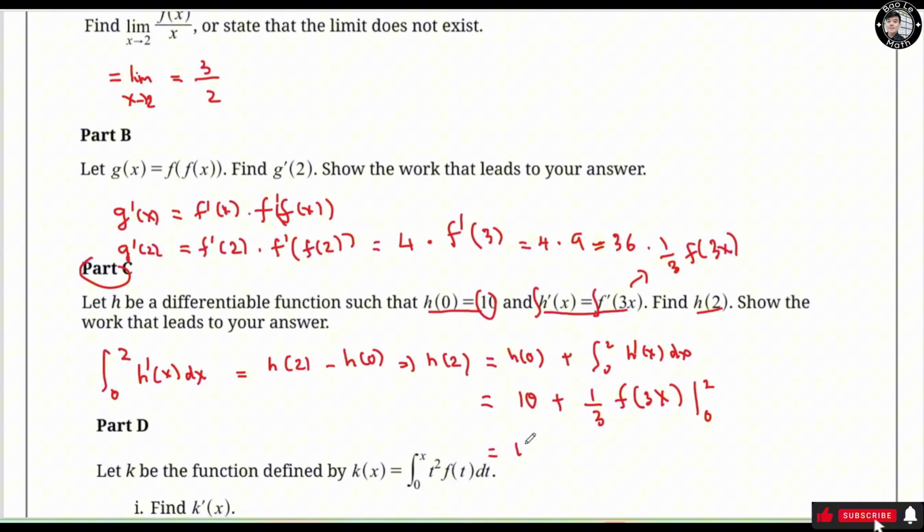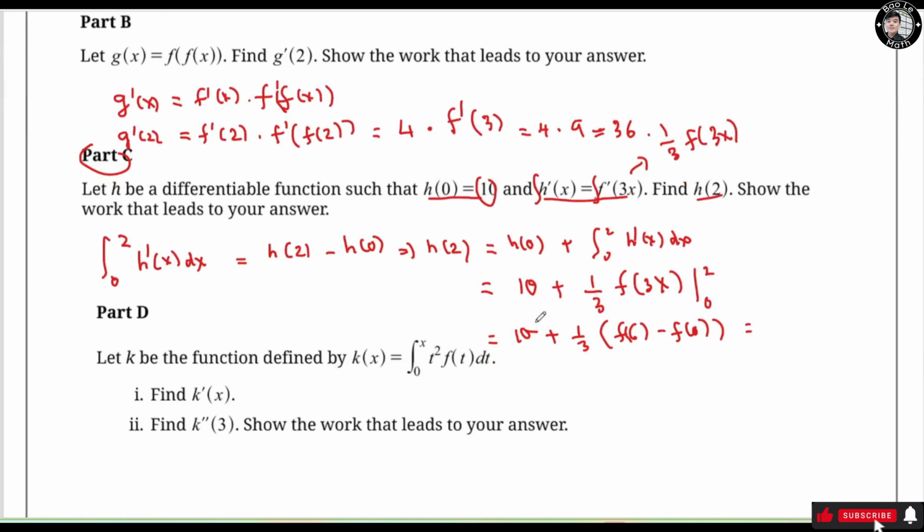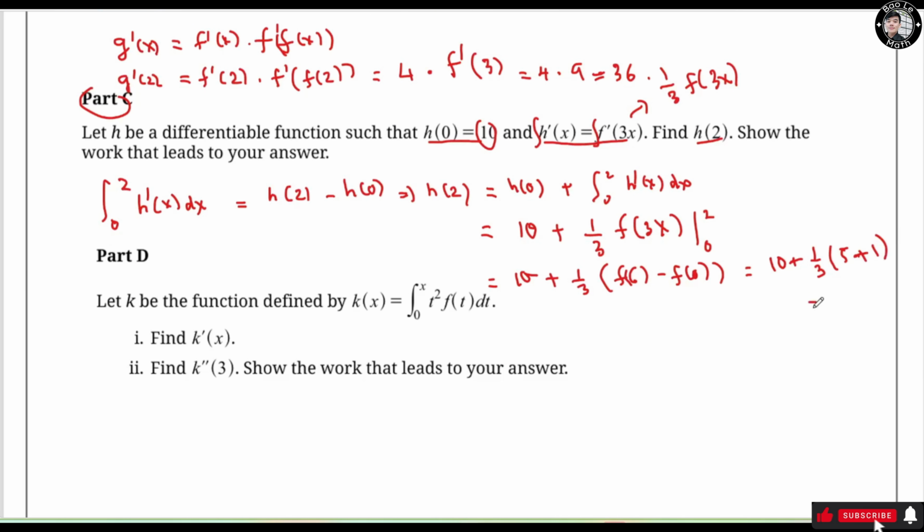So it's going to be 10 plus 1 over 3 times f of 6 subtract f of 0, right? Now we substitute the values: f of 6 is 5, f of 0 equals -1, right? So the answer must be 12, right?